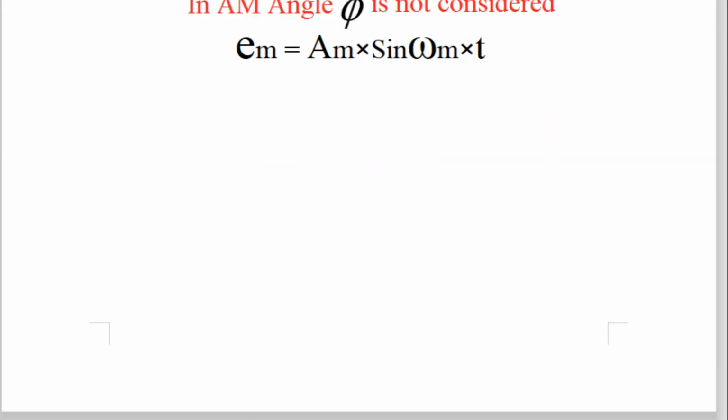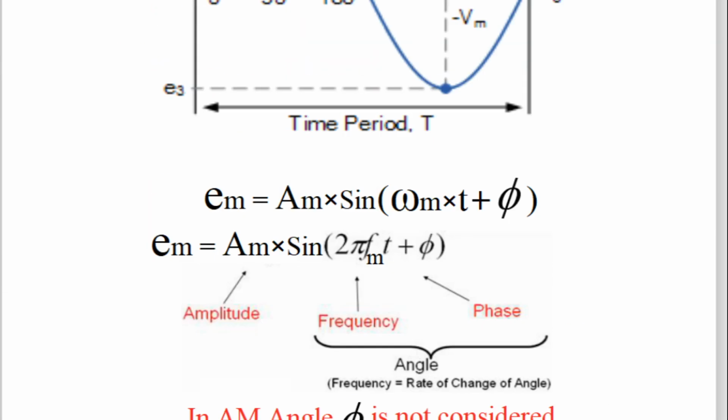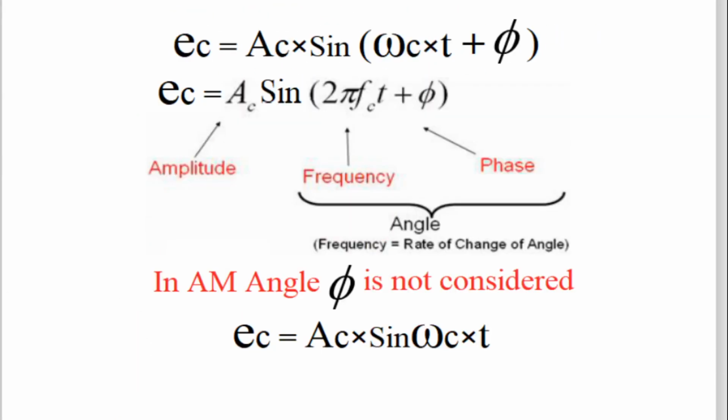Nothing is different. Ec: E means instantaneous value, c means carrier. The instantaneous value of carrier signal is equal to Ac, the amplitude of carrier signal, into sine omega c into t plus phi, because we are talking about carrier signal.